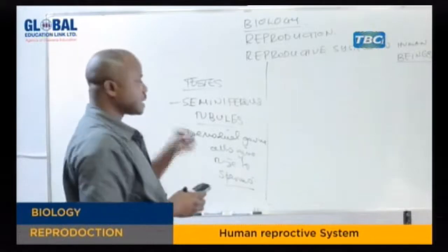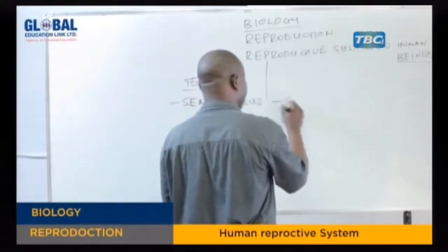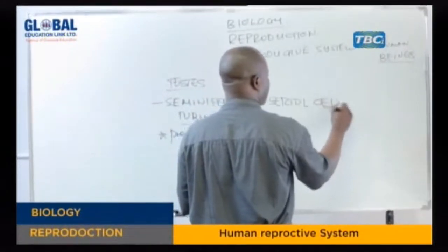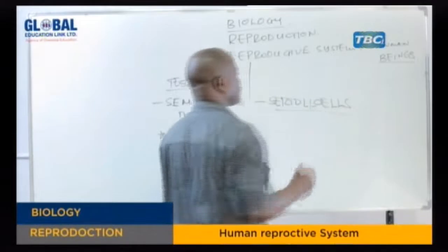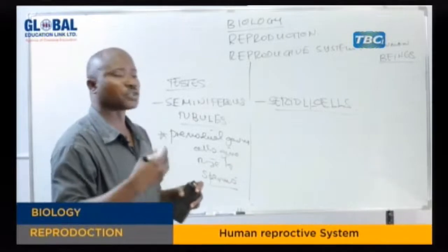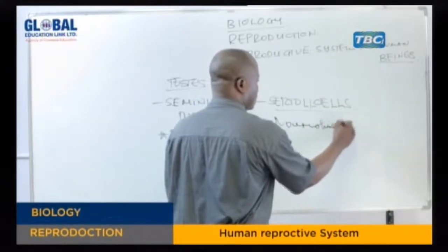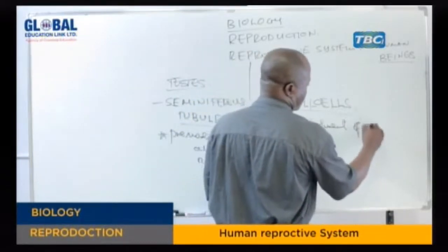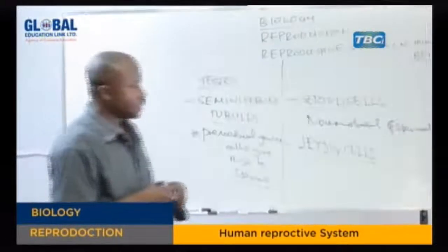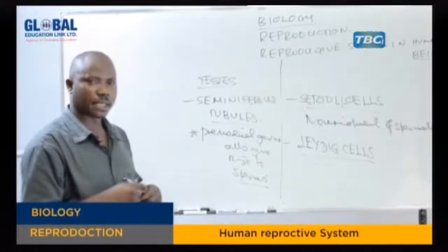But also, inside the testis, there are Sertoli cells. The function of Sertoli cells is to nourish the spermatozoa. There are Leydig cells inside the testis, just around the seminiferous tubuli.